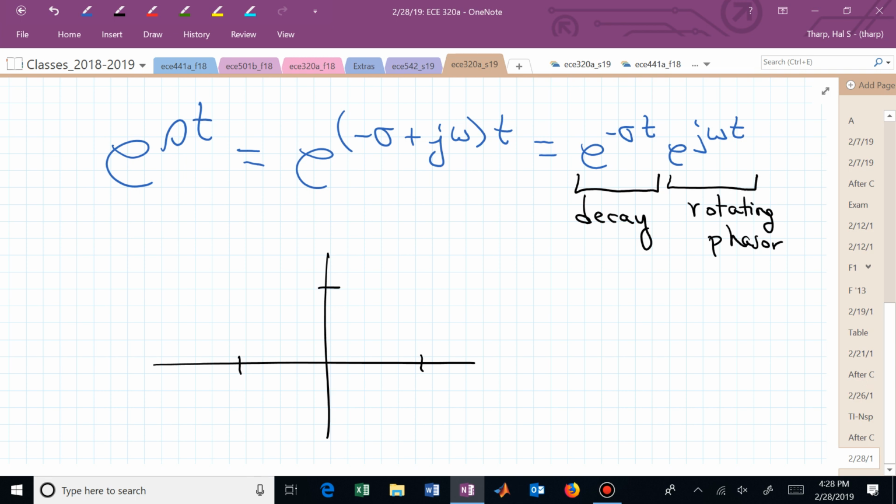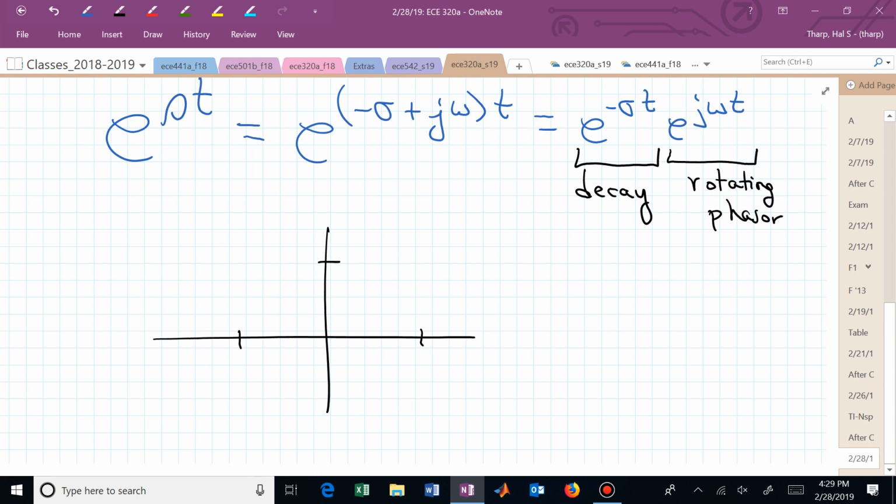So it has a magnitude of 1, and you could think of it for this, let's say omega is some value, 3, then as t moves from 0 to wherever, to infinity, we just have this thing spinning around with a magnitude of 1. You could think of it as this.